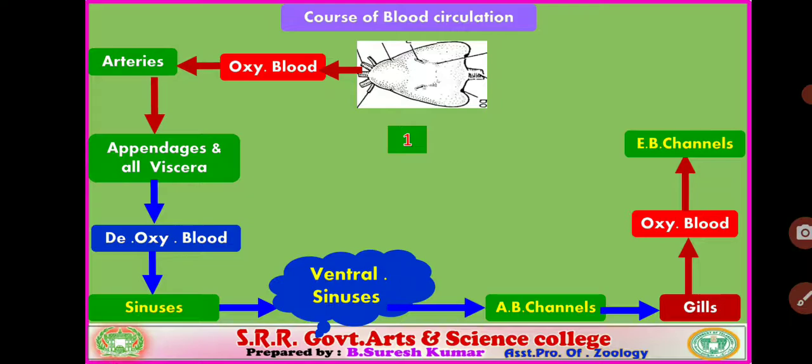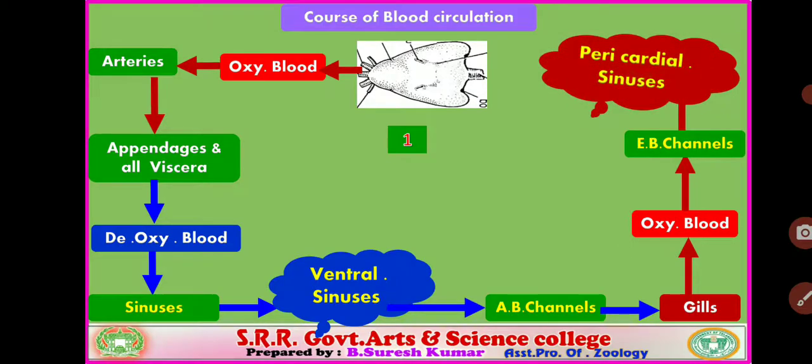Such oxygenated blood from the efferent branchial channel is dumped into the pericardial sinus present around the heart. So from the pericardial sinus it is discharged into the heart cavity.